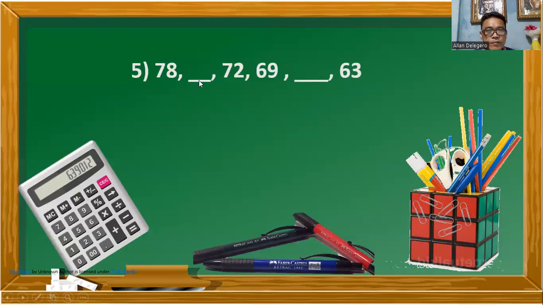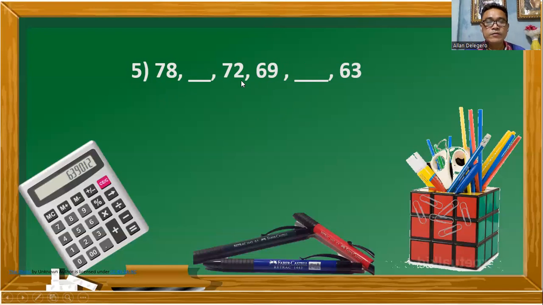78, blank, 72, 69, blank, 63. So it is descending order. Descending order, the arrangement of the terms is from greatest to least.